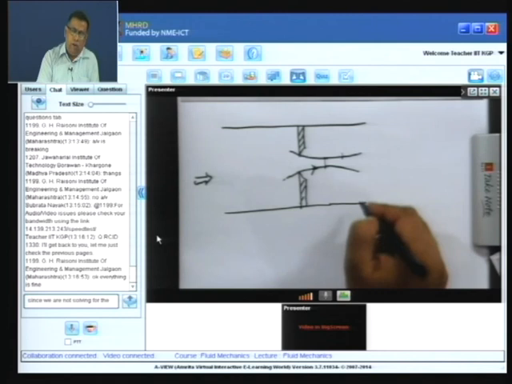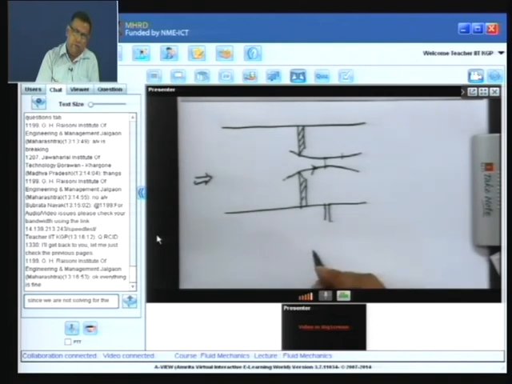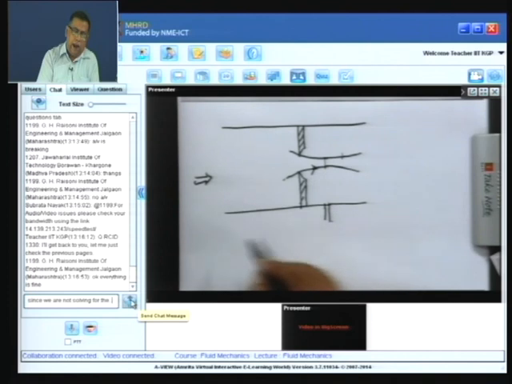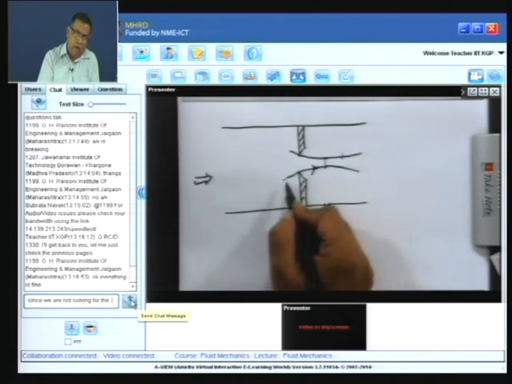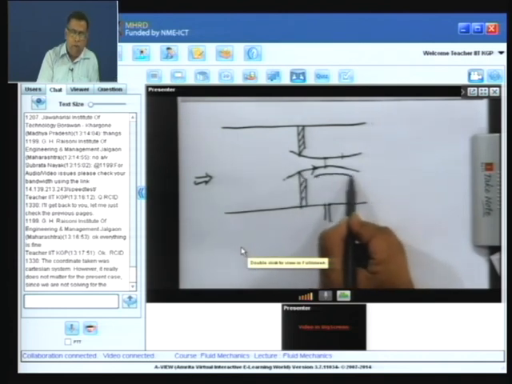Now, what you can do is put a static pressure tap at the vena contracta and a static pressure tap upstream. Now, you may have a flow which is recirculating here.